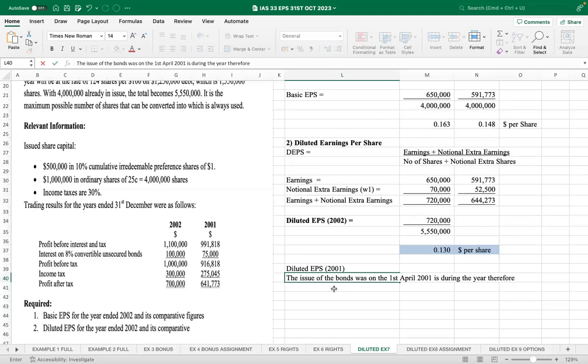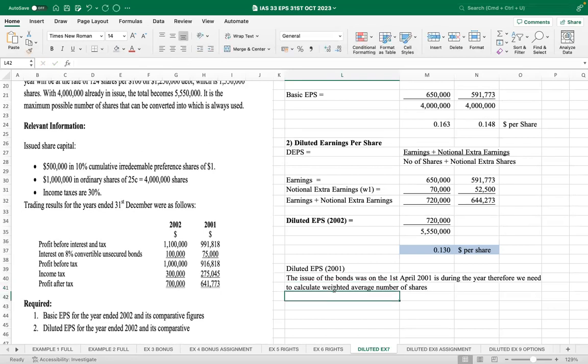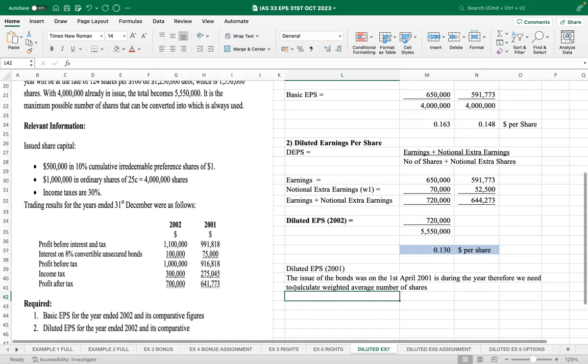Therefore, we need to calculate the weighted average number of shares. The same way we were calculating the weighted average number of shares in basic EPS.